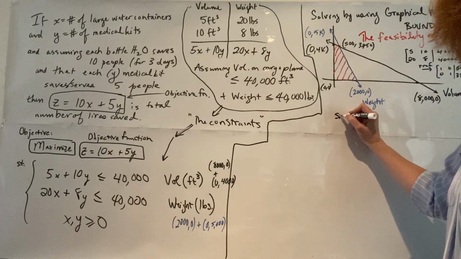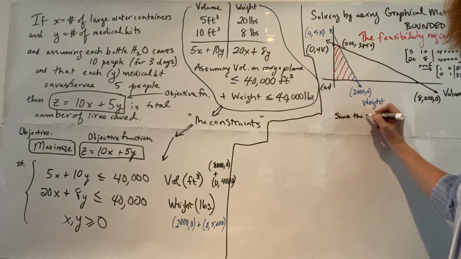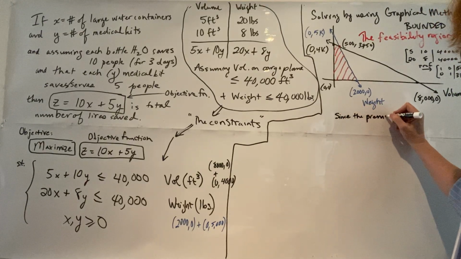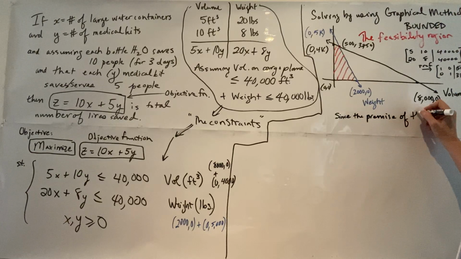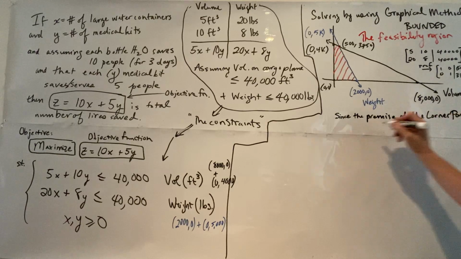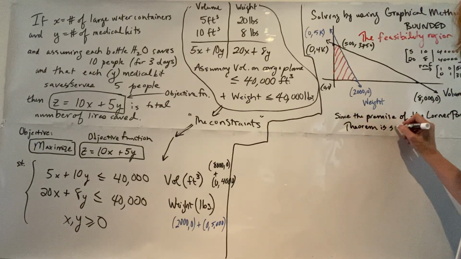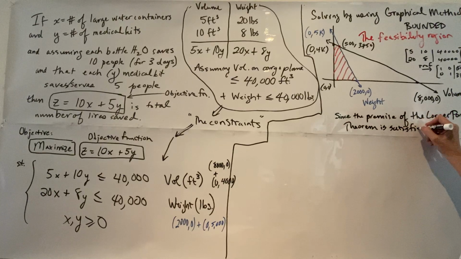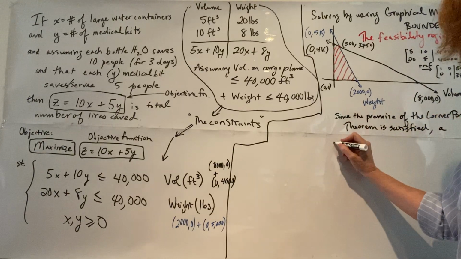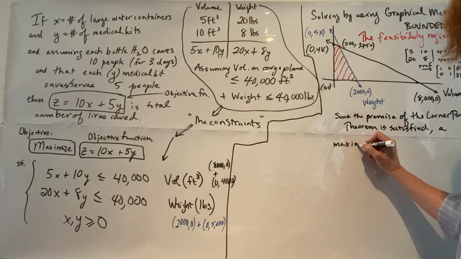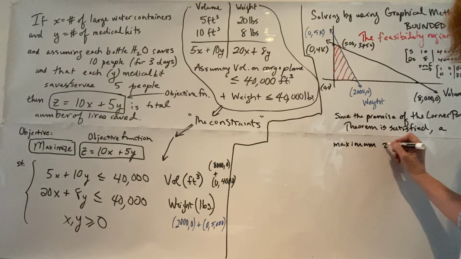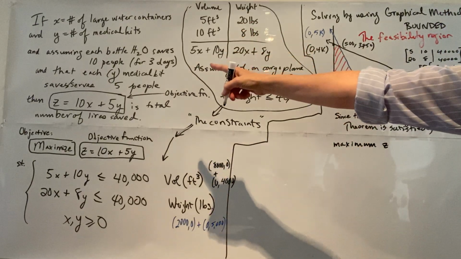So since the hypotheses, or the premise, of the corner point theorem is satisfied, a maximum z, which remember here now, we're starting to think about the problem again, that's the number of lives.